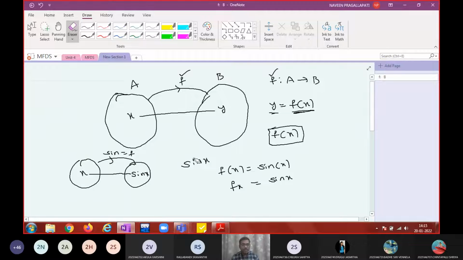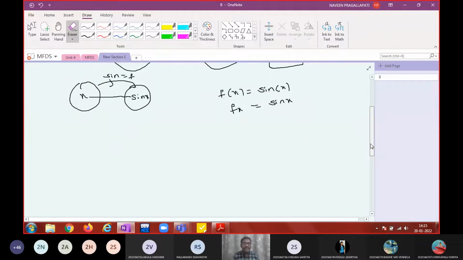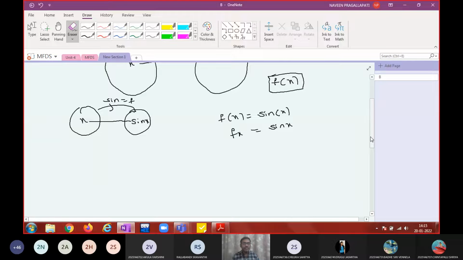Right. So now you can see matrices. Suppose you have a matrix of order n by 1.